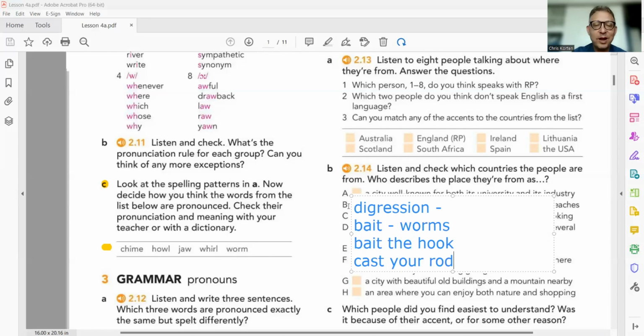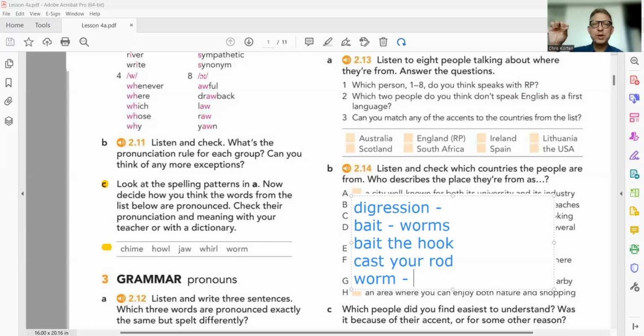But by the way, there's one other use of worm that's really interesting. If someone worms their way into the conversation or into anything, they do it in a not standard way. Perhaps it's a little bit mischievous or deceiving or not forthright or honest.